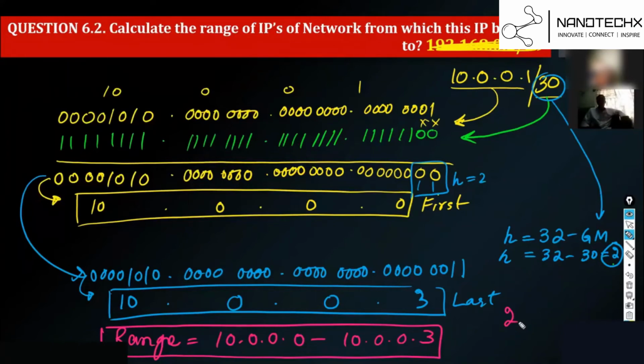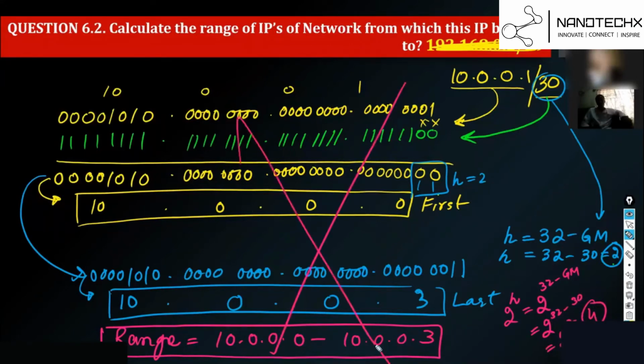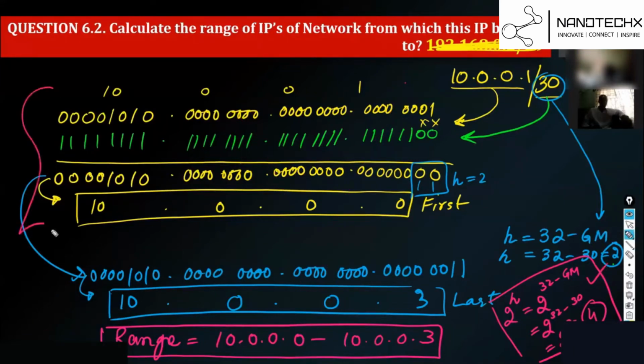Yes, very good, Mr. Hacker. 32 minus given mask. 2 raised to power H, which is equal to 2 raised to power 32 minus given mask, which is equal to 2 raised to power 32 minus 30, is equal to 2 raised to power 2, which gives us 4. So without doing all of this, if we just want to know how many are there, then we can use these 3 lines only. But if we want to know what those IP addresses are, then we have to do this whole process. Now you know the difference between these two.